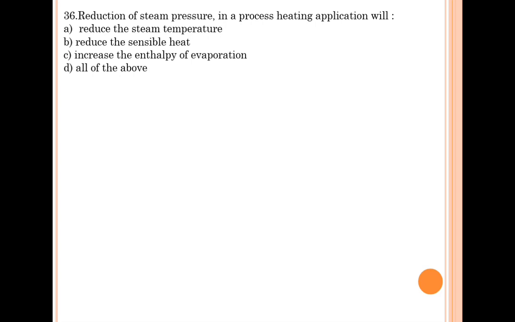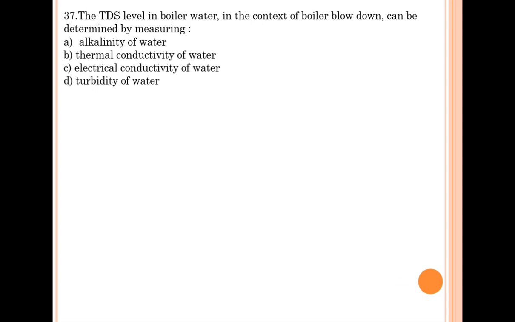Then second option is reduce the sensible heat. Reduction in temperature will definitely decrease the sensible heat and increase the enthalpy of evaporation. If the pressure is low, the enthalpy of evaporation will be high. So the answer should be option number D, all of the above.